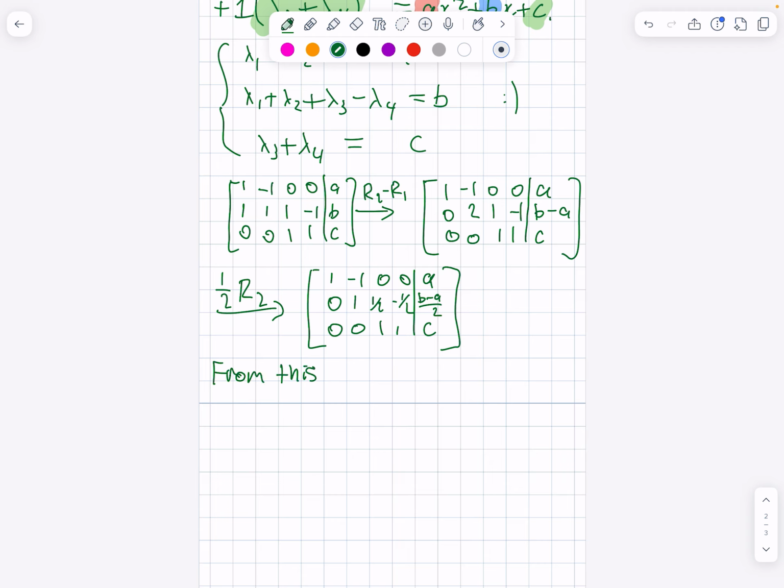From this row echelon form, what do we see? We see that every row has a pivot. Let's not overcomplicate things. We see that the system is consistent.